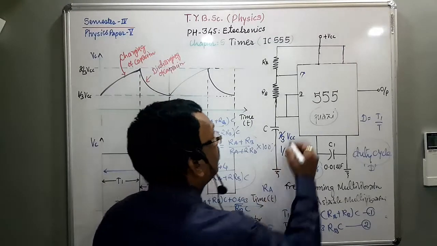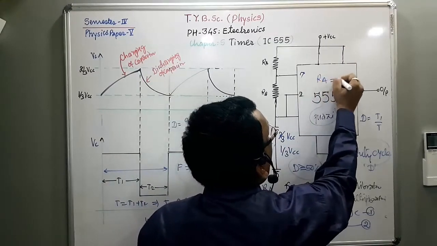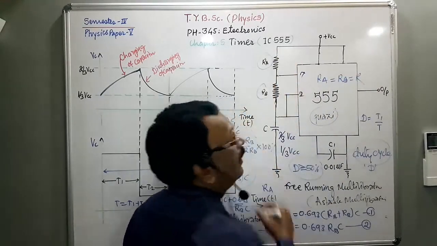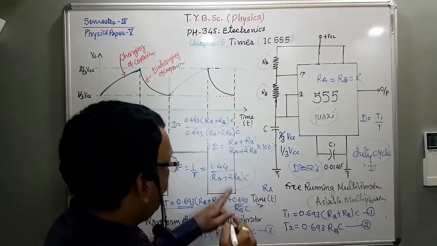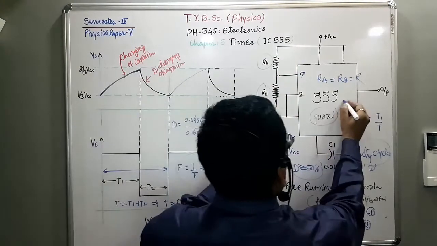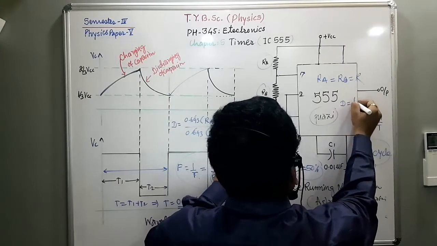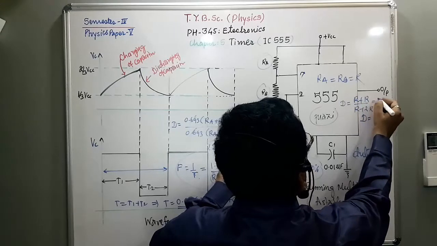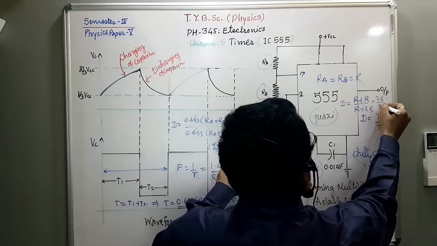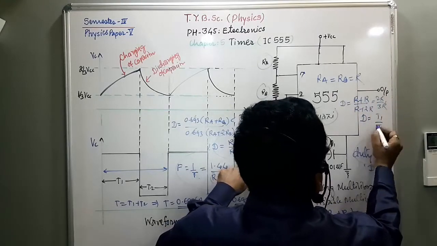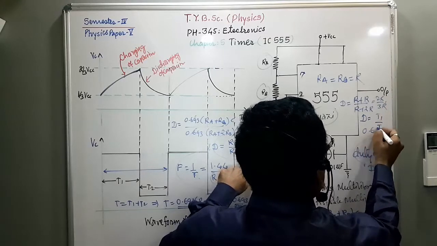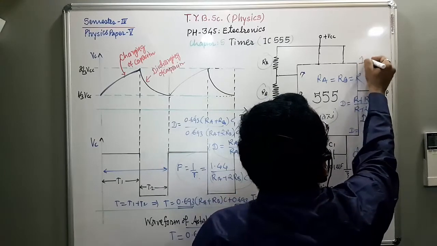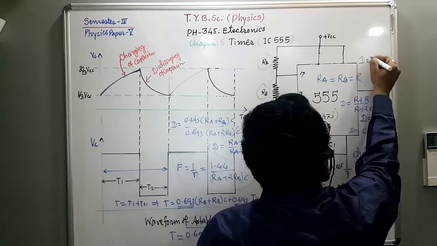And if RA is equal to RB is equal to R, that means both resistors are the same, then from this equation D is equal to (R plus R) upon (R plus 2R), which is 2R upon 3R. R cancels, and we have 2 by 3, which is about 0.66. So D is equal to 0.66, or D is equal to 66%.